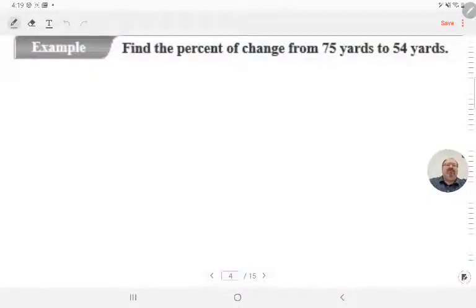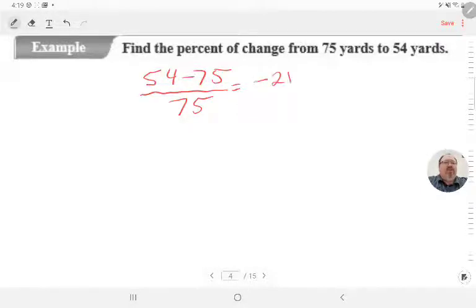All right. So this one says, find the percent of change of 75 yards to 54 yards. So we would say 54 minus 75, and then we're going to put that over the original, 75. So 54 minus 75 is going to be a negative 21 over 75.